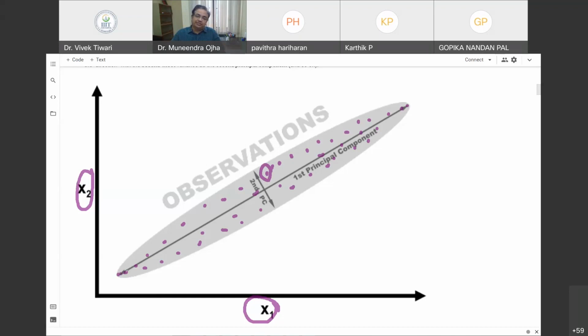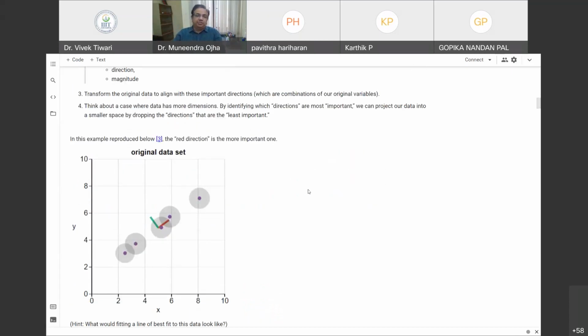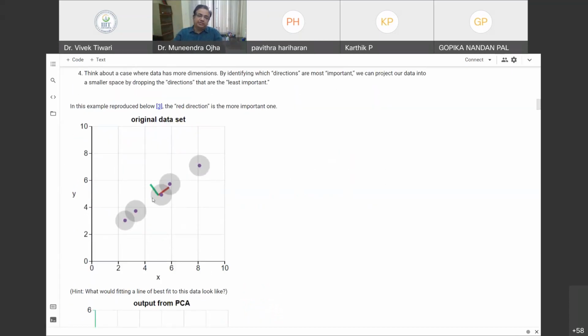This is the direction in which I am projecting it. So if I have to project, I will multiply the vector of the first eigenvector with this value, and it will project it over there.